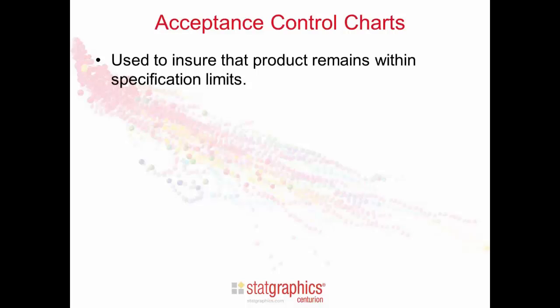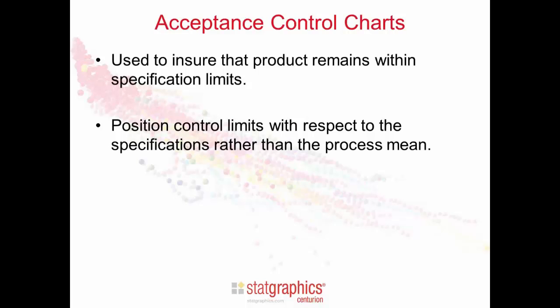However, we can modify the control limits of a standard chart, an X-bar chart, for example, or an X chart, to position the control limits with respect to the specifications rather than with respect to the process mean. And use that chart, it will look like a control chart, not strictly for control, but to detect situations when the data are getting too close to the specification limits.